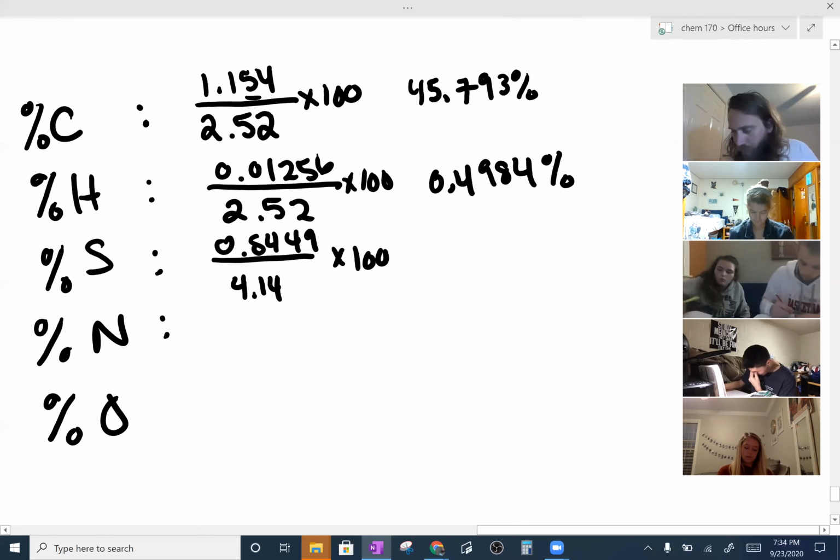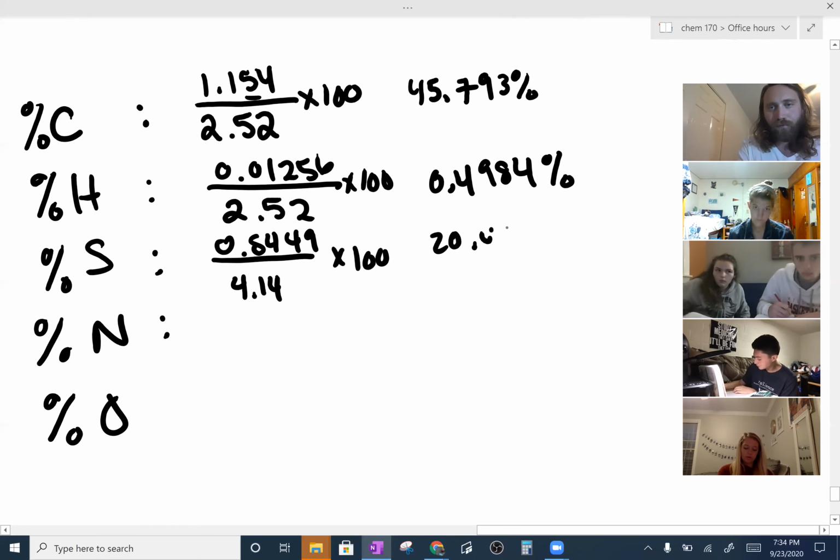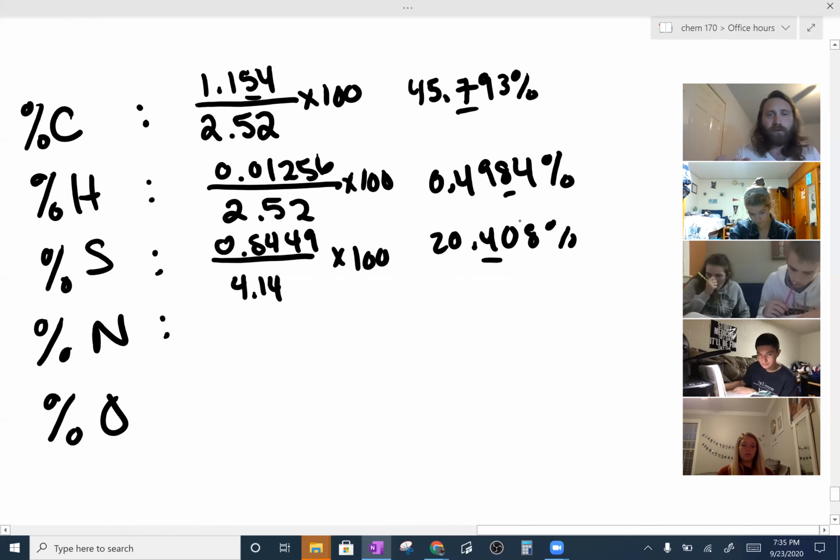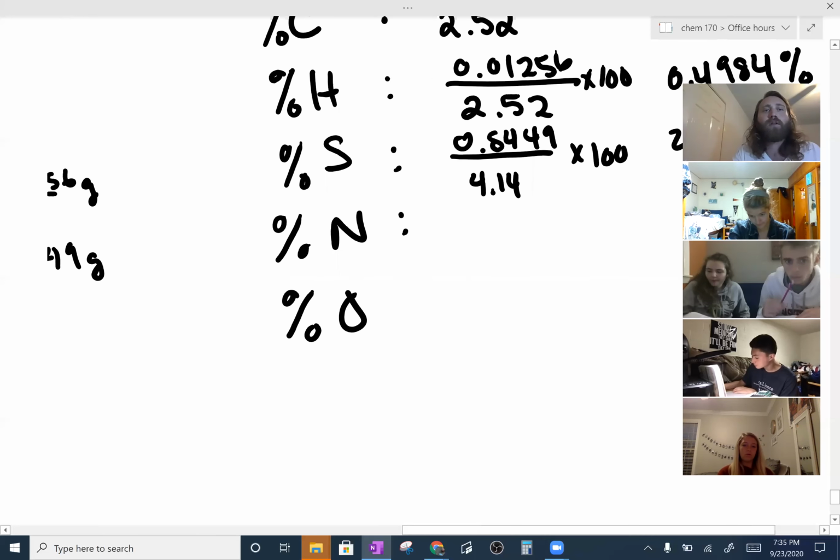That gives us 20.40%. Those all have 3 significant figures. Okay, we've got 3, 2 to go.